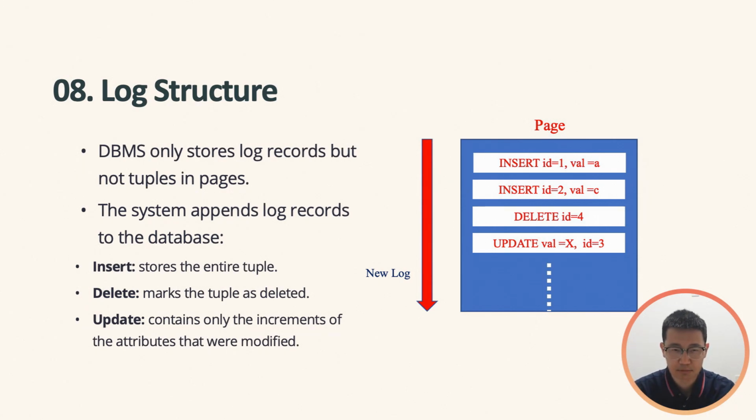When I add a tuple to the storage, I record this insert in the log, such as ID equals 1 and the value equals 8. If I delete a tuple, I mark the tuple as deleted in the log. Similarly, for updates, I only include the modified attributes and the corresponding changes.